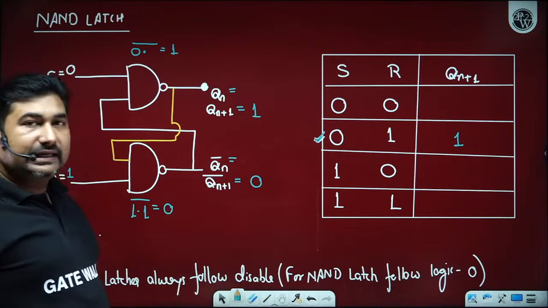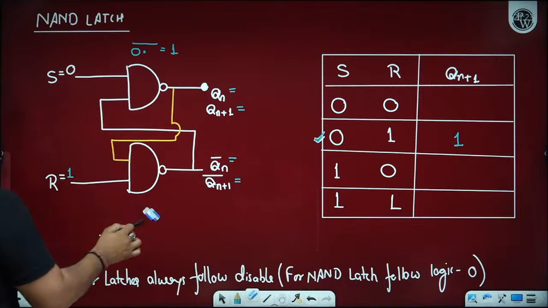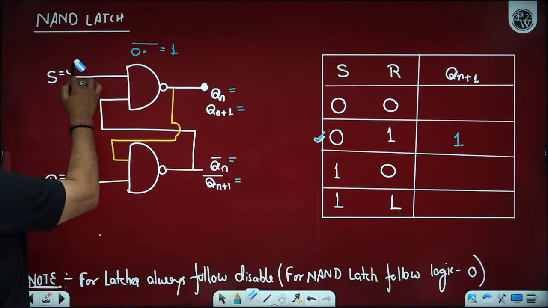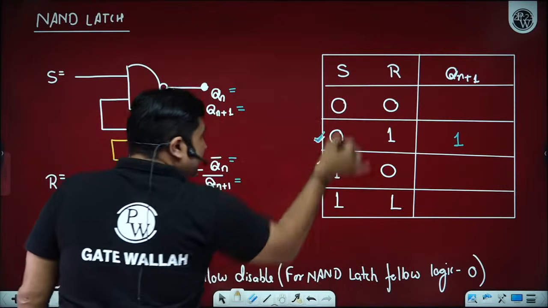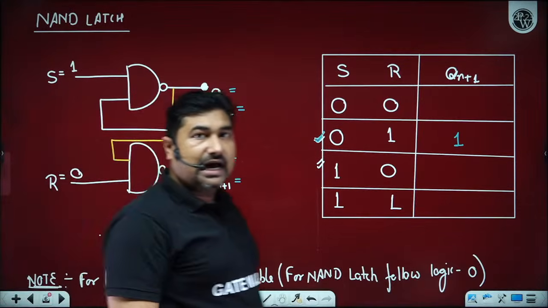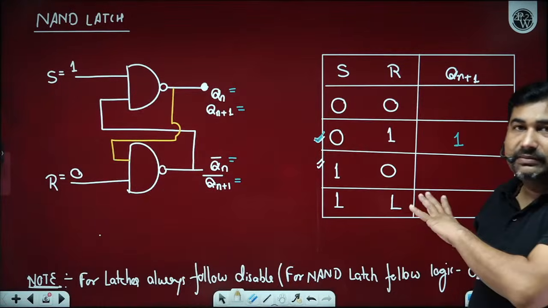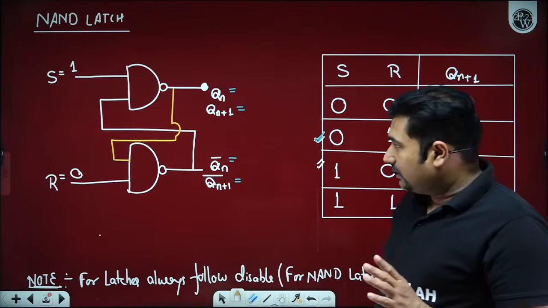Please observe once again. Suppose the next input to S and R is 1, 0. If S is 1 and R is 0, you have to follow disable. Disable for NAND is 0, so you have to follow 0. Now R is 0.